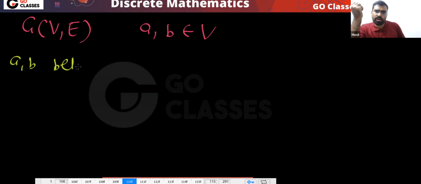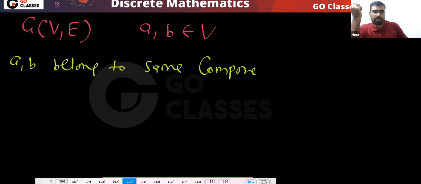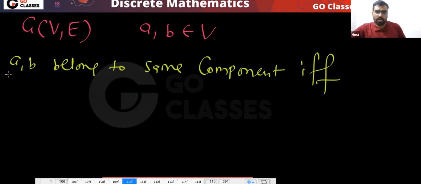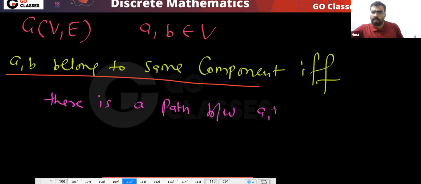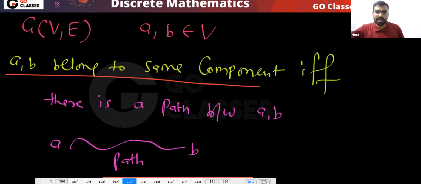You have a graph G with V and E, and I am saying A, B belonging to V. A and B belong to the same component if and only if there is a path between them. Between A and B, there is a path. And if there is a path, then they are in the same component. Agree or not? This is if and only if.